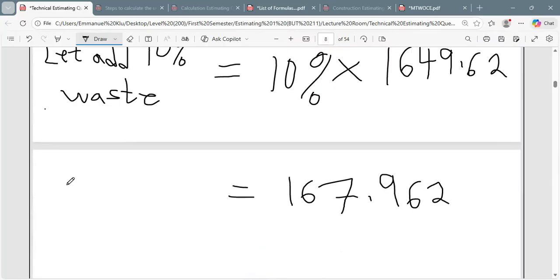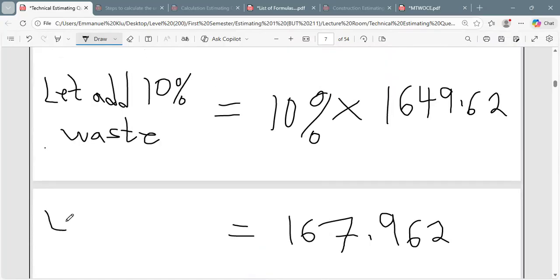So at the end of the day, we are saying let's add 10% wastage.